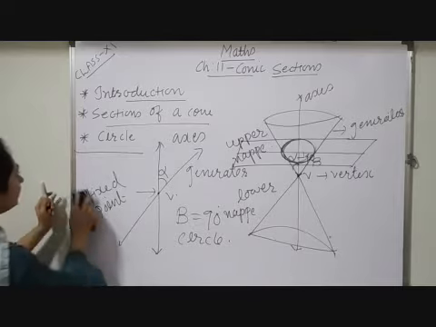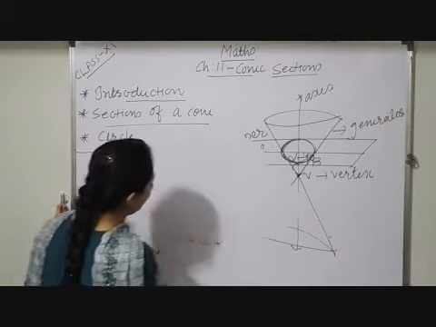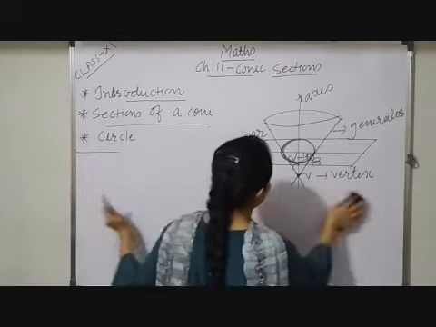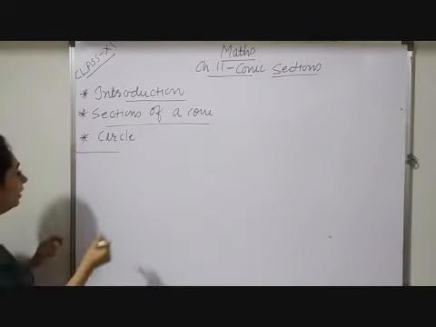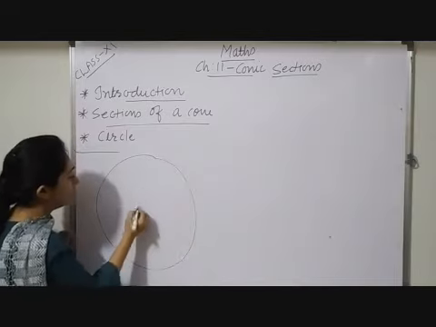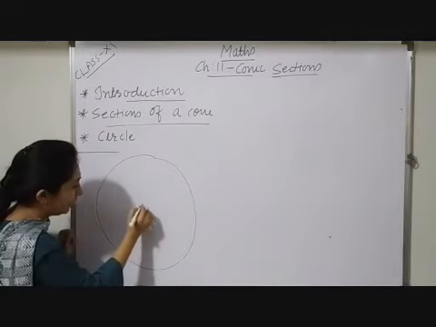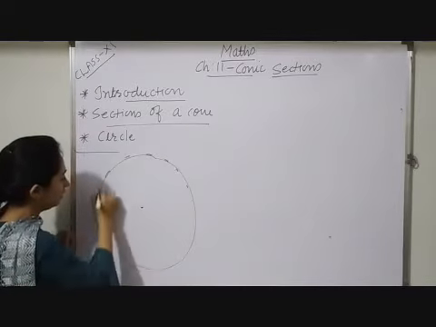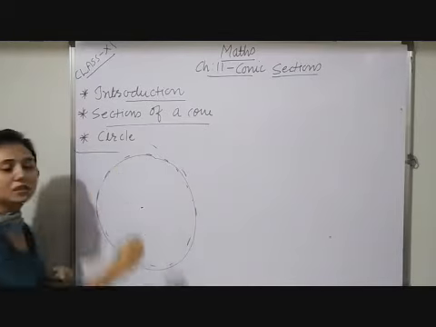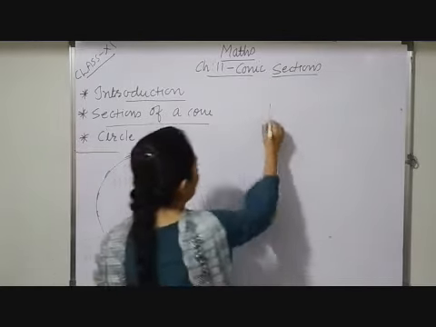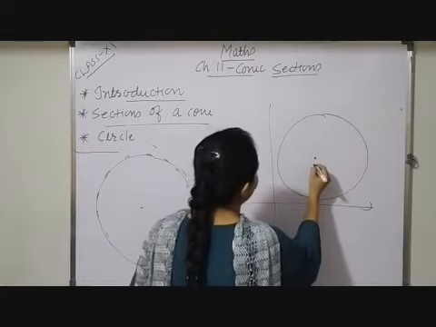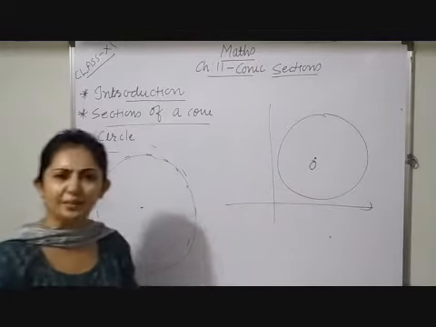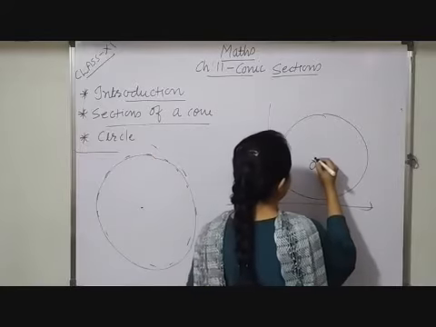Now let me discuss with you the general form of a circle and its equation. Circle means what? A collection of all points at a constant distance from a fixed point is called a circle. So in my 2D plane, let me take one circle with center O or C. This is my center.